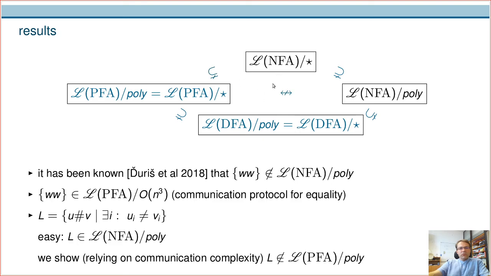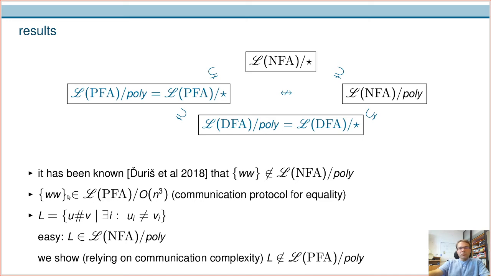And for the last one, for comparing probabilistic computations with polynomial advice, which means all of them, and non-determinism with polynomial advice, we note that the language WW can be recognized by a randomized machine with cubic advice, and this is basically restating the fact that there is a communication protocol with public random bits for equality.